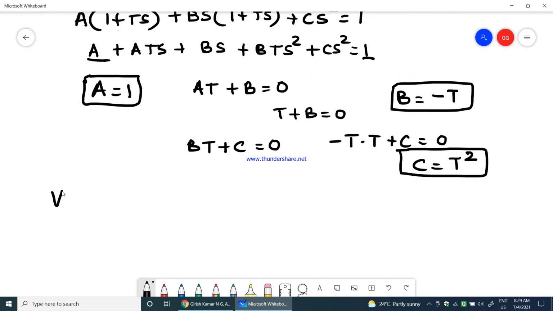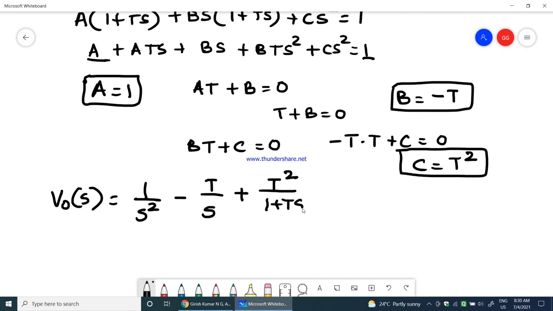So therefore V out of s equals a by s square, which is 1 by s square, minus b, which is t divided by s, plus c, which is t square divided by 1 plus ts.